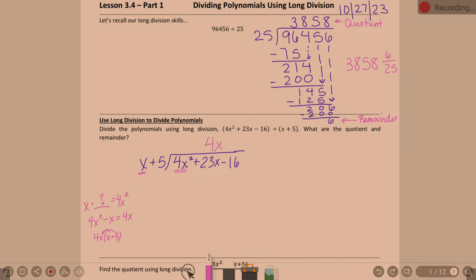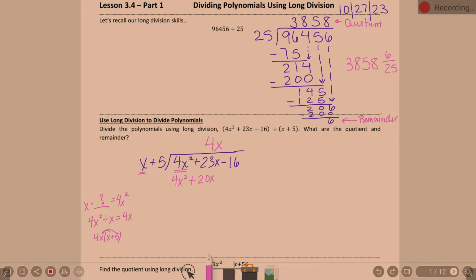What is 4x times x? 4x squared. What is 4x times a positive 5? Plus 20x, yes? So I've taken my 4x and multiplied it by x, and 4x and multiplied it by 5. So you're multiplying by each term.